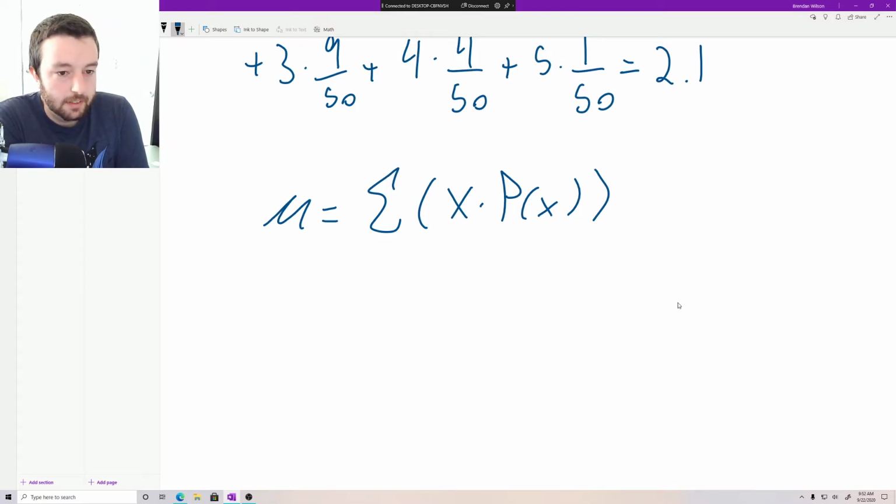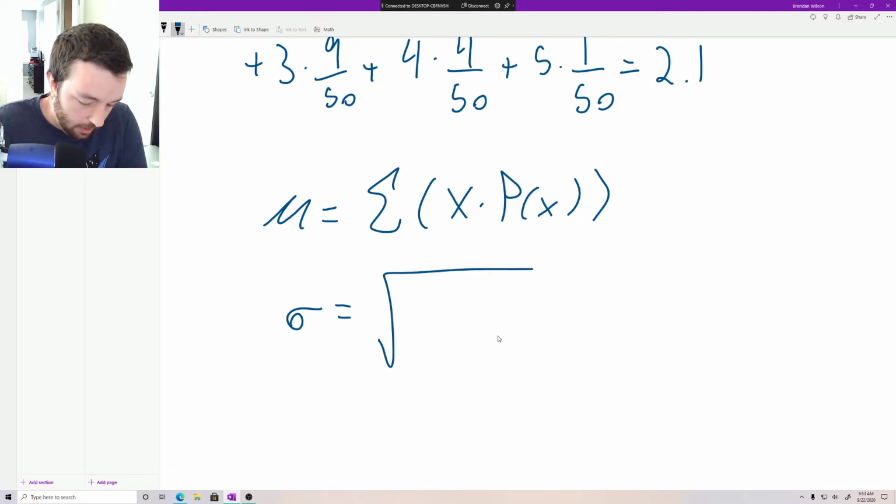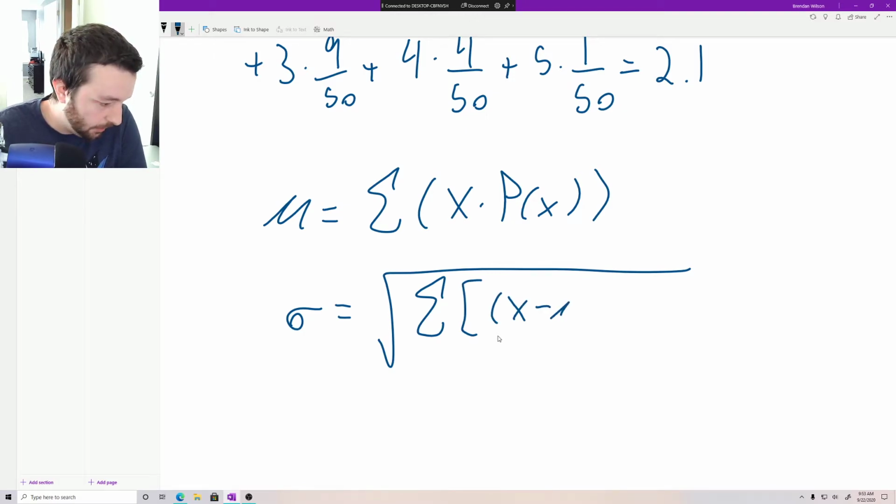Weirdly enough, the standard deviation is sometimes represented with a capital sigma, which is kind of weird because we use this capital sigma. It notes that, but then it also uses a lowercase sigma. So we'll just stick with the lowercase one. You really don't need to worry about this formula. I'm just writing it here because it's also in the book.